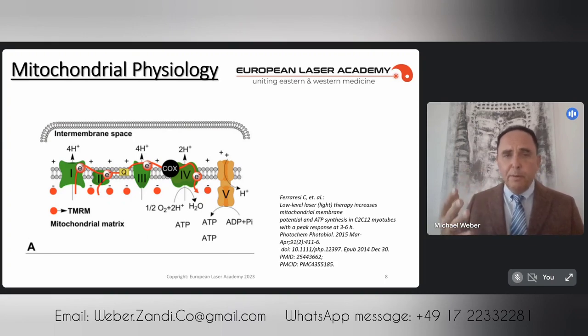So it's not as simple as we usually summarize: laser irradiation enhances the metabolism and the production of ATP. There's much more to it: the membrane potential and the proton pumps are affected.